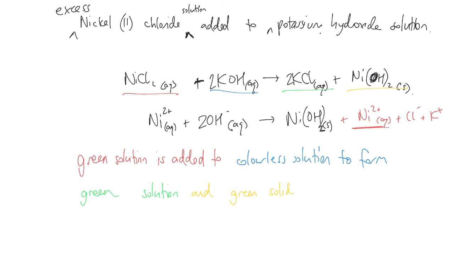What else? Now, do you say pale green? No, paler, because pale green is used to describe a different colored ion. Does that make sense? So you can't say pale green, it has to be paler or less intense. Okay? Right, that's that.